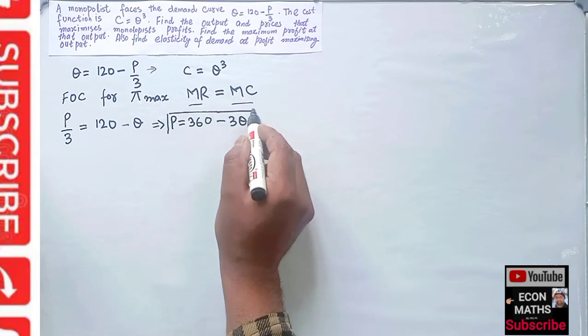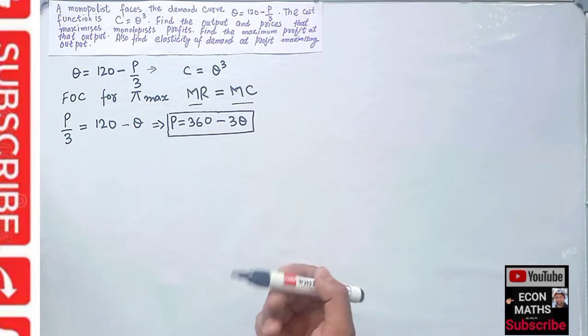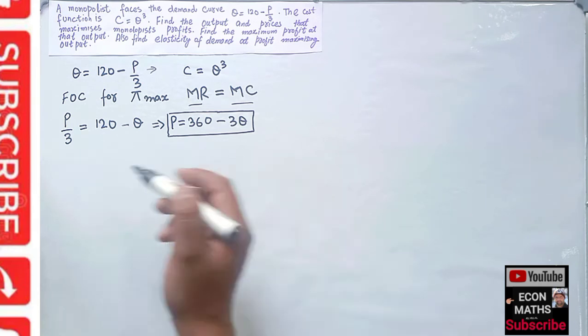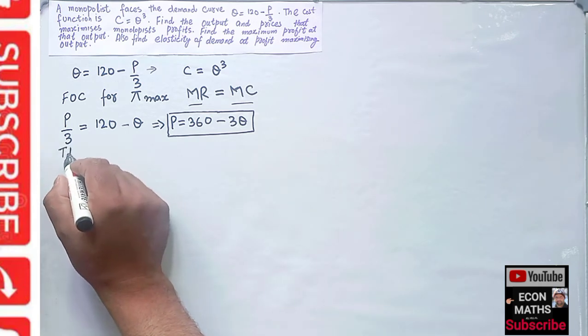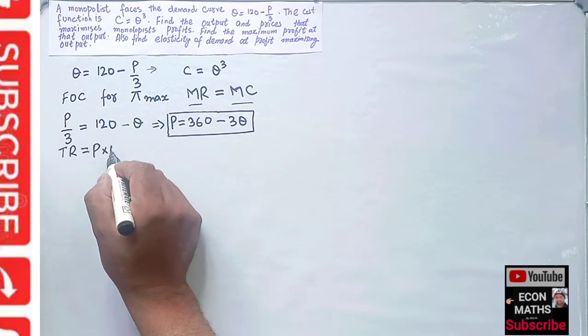To find the marginal revenue, first we have to find the total revenue. As we know, total revenue is simply equal to price times quantity.